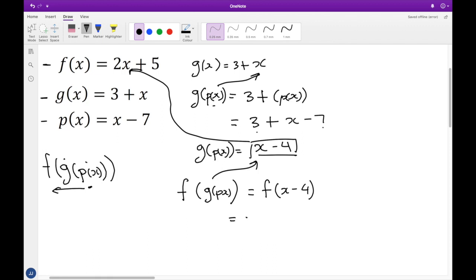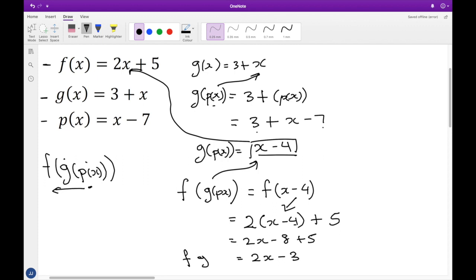So the f function is 2x plus 5. And you see that I made the substitution there. I just put that wherever I had x. So that would be 2x, and 2 times minus 4 is minus 8, plus 5. So that would be 2x minus 3. So therefore the f of the g of the p of x, right, is 2x minus 3. Right?